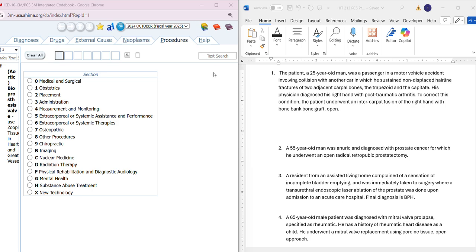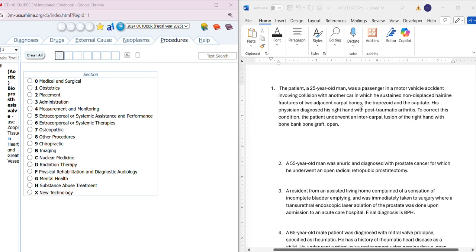This is my PCS presentation. The first case I chose was a 25-year-old man who was a passenger in a motor vehicle accident involving a collision.